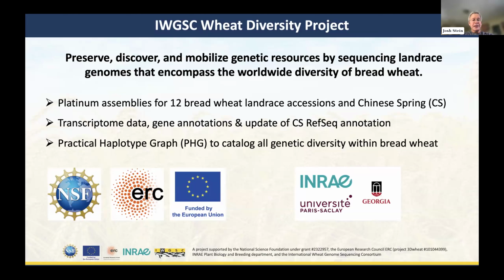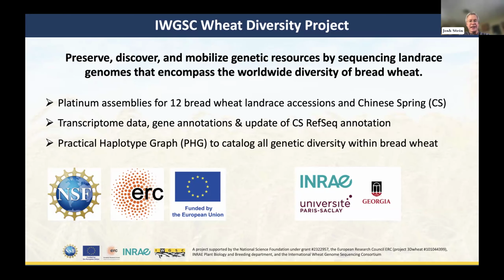So we're about 10 months into this project, and the project goals are to preserve, discover, and mobilize genetic resources by sequencing landrace genomes that encompass the worldwide diversity of bred wheat. And so our aims are listed here.